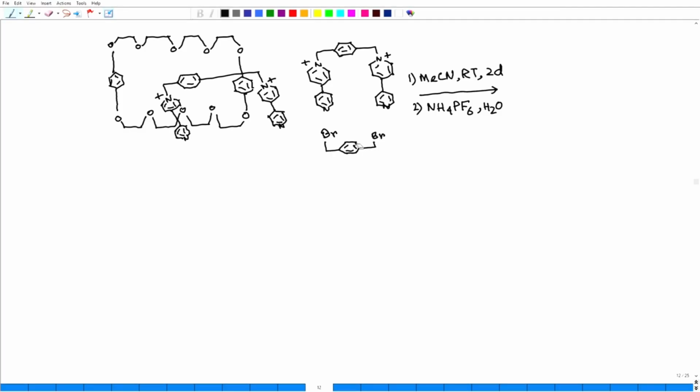Once they go in, then this particular moiety reacts like this and makes the catenane.